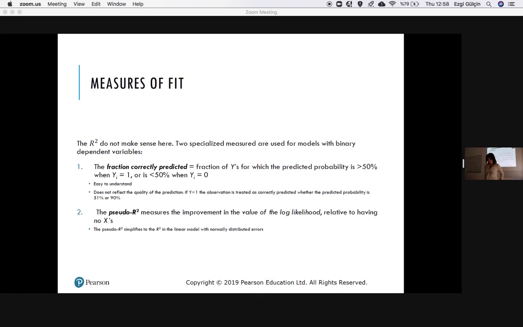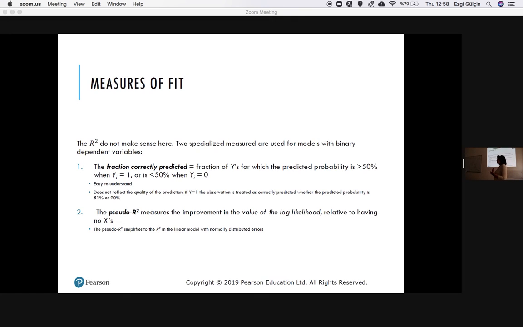In the end, this fraction correctly predicted is just a number, so we want something which is a good track of how good we are doing. It doesn't really make a change whether the predicted probability is very high or just a little bit above 50%. That's why we don't use that, but we use the pseudo R-square, which measures the improvement.